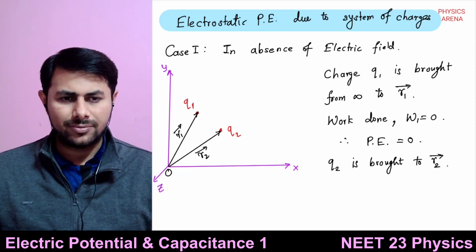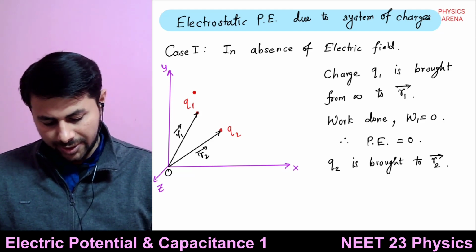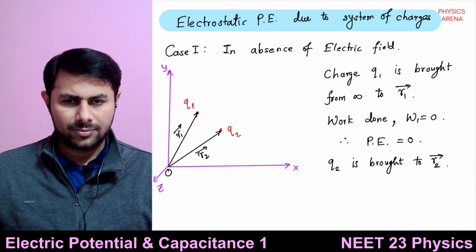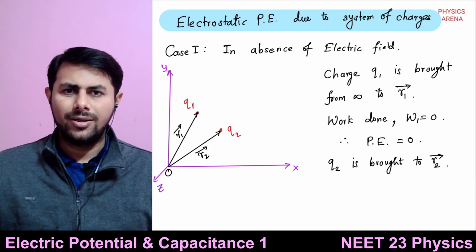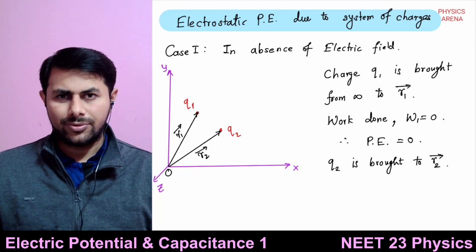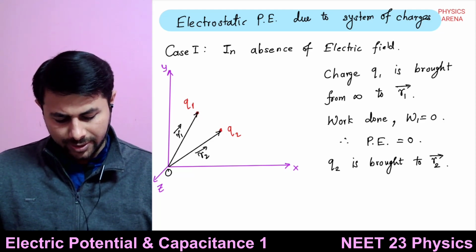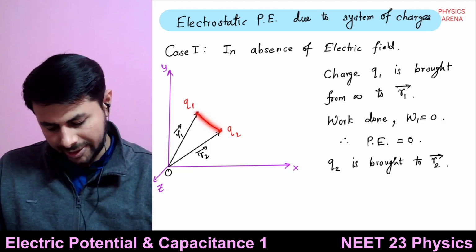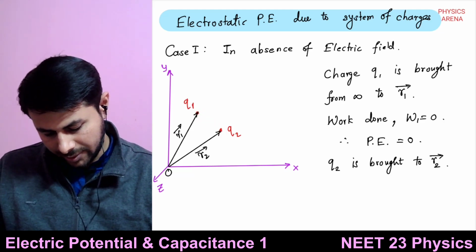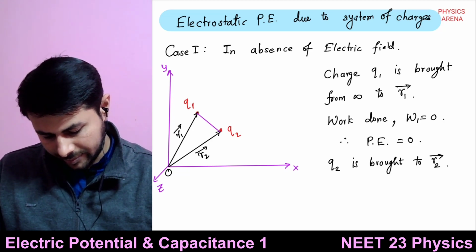Tell me. Now there is some charge, this charge Q1. Work done will be 1 upon 4 pi epsilon naught multiplied by Q1 Q2 divided by the distance between them. So this is your final point, and the distance will be this much.